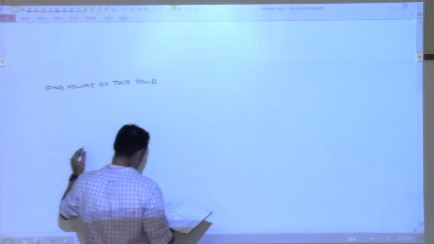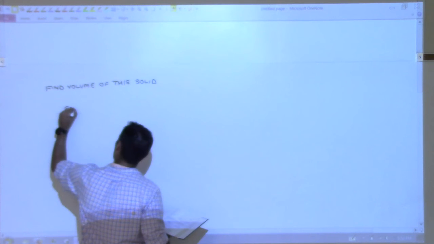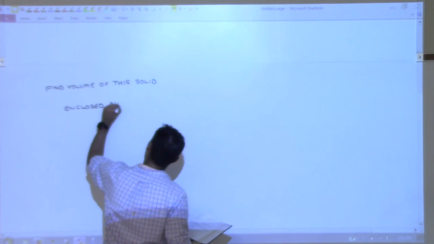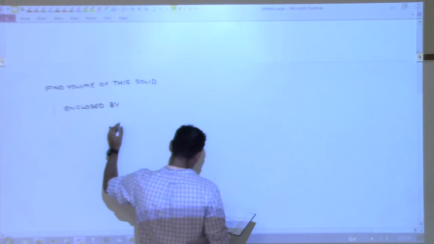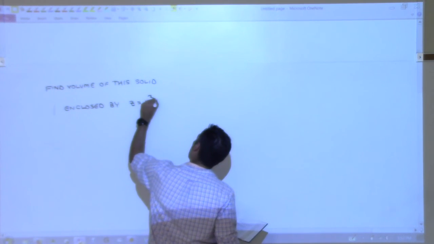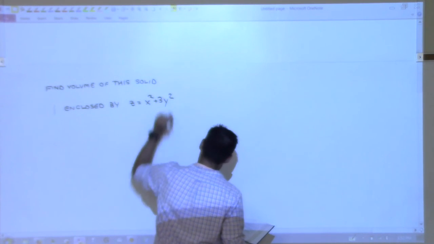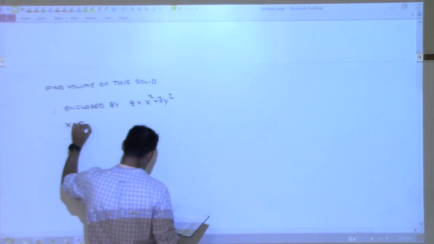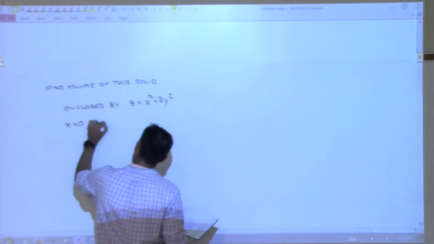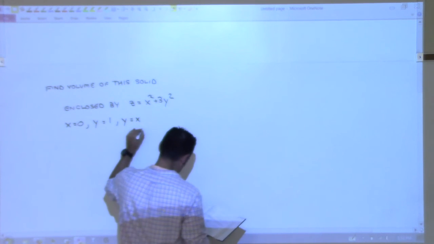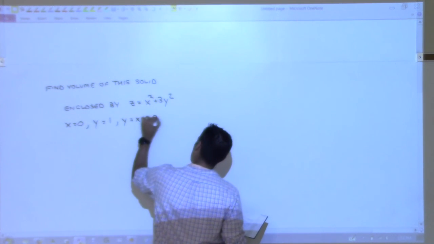It is the solid that is enclosed by z equals x squared plus 3y squared, x equals 0, y equals 1, y equals x, and z equals 0.